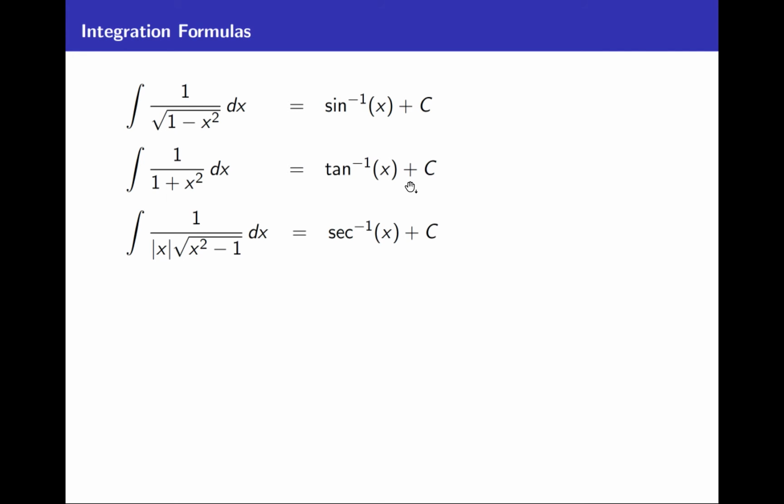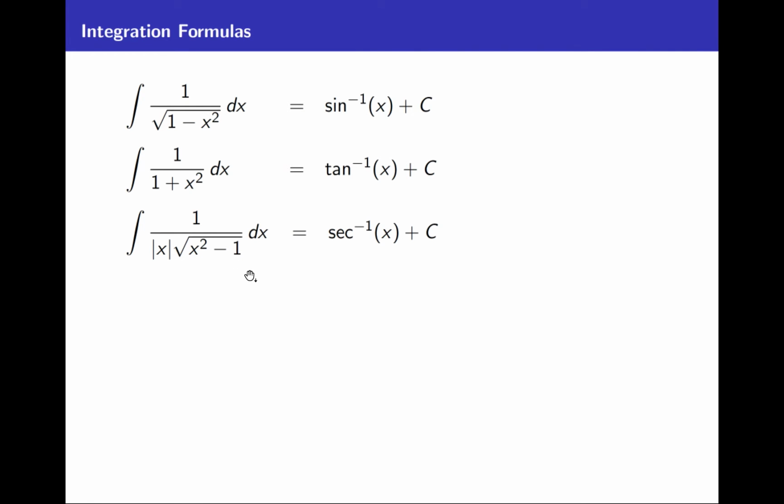Now, the other inverse trig function differentiation formula we know is that the derivative of secant inverse of x is 1 over the absolute value of x times the square root of x squared minus 1.